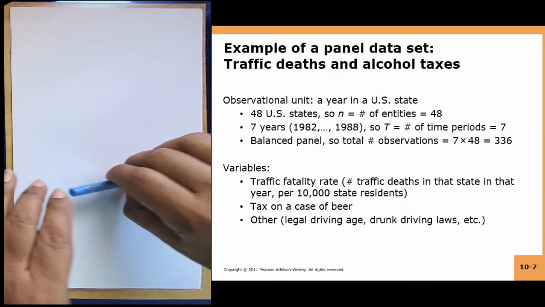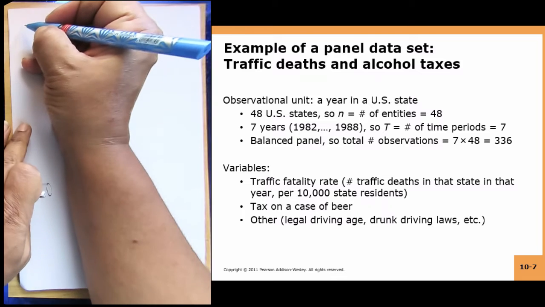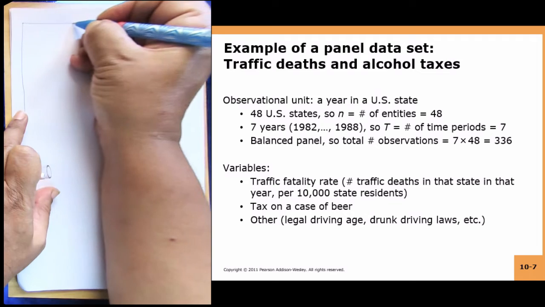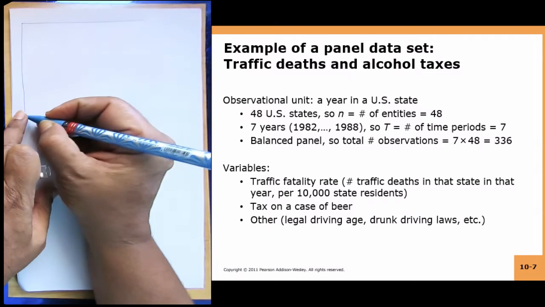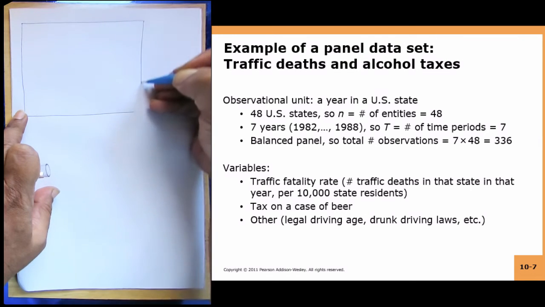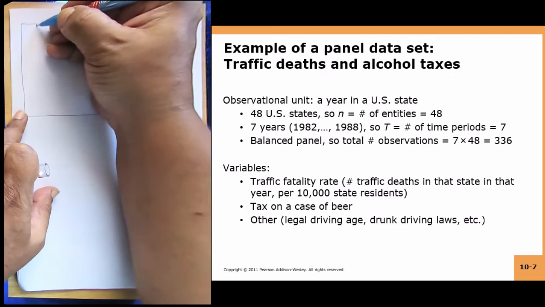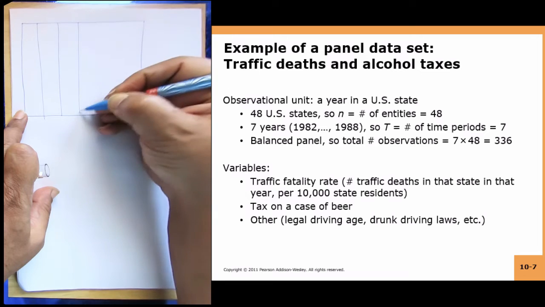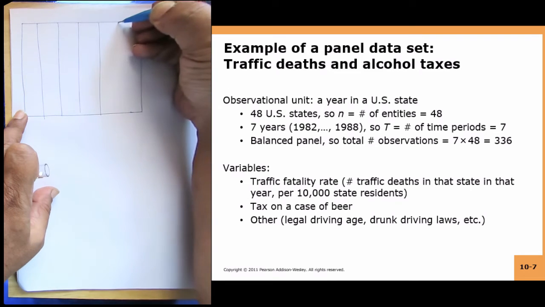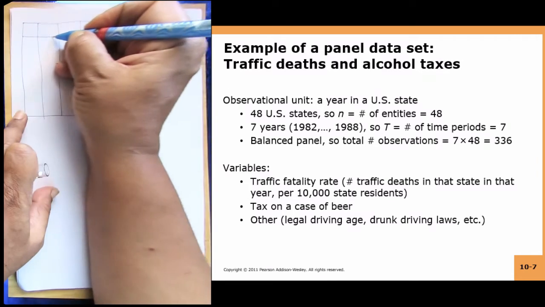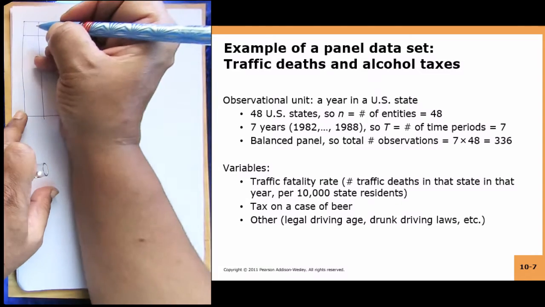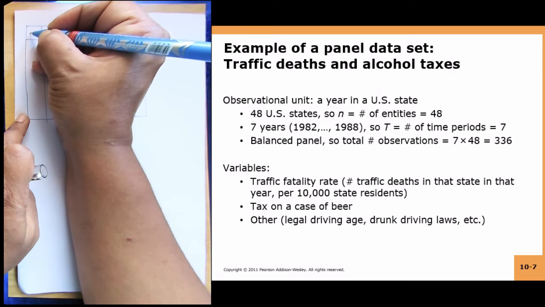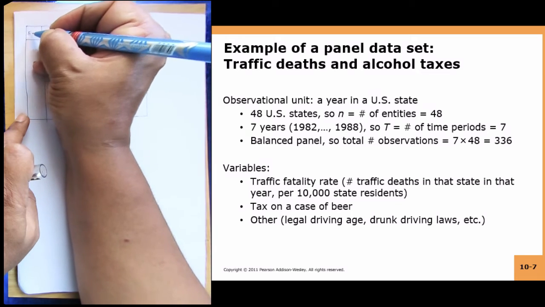So this is what the data looks like. We have different columns for the different variables that we might include. Right now we have only two variables that we are looking at. The first column is for the entity.